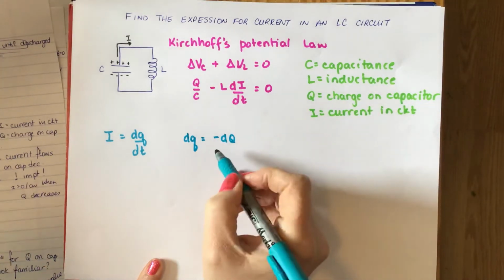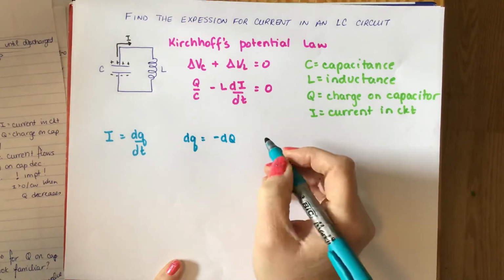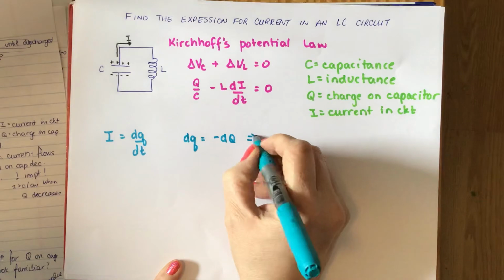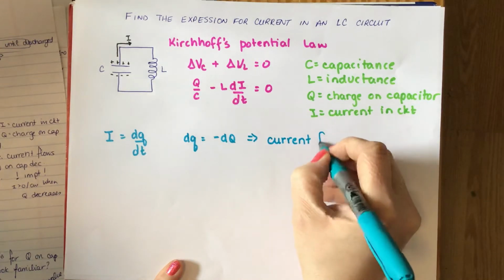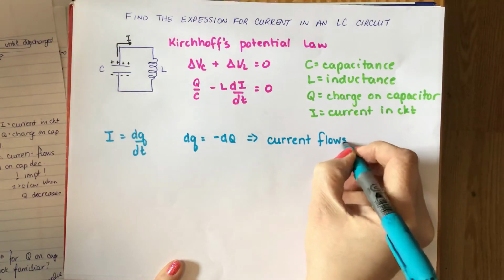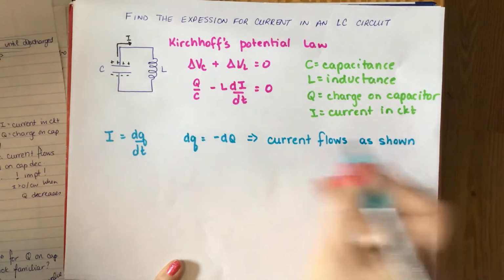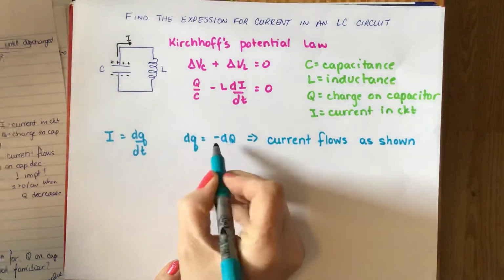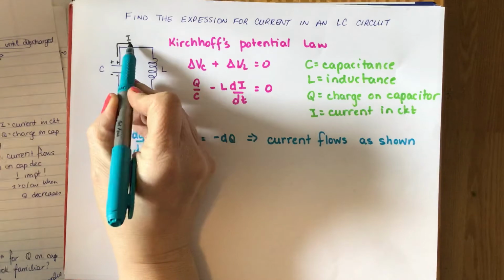Okay, so what this means, and we used this idea before when we talked about how to find current for a capacitor, is that current flows in the direction shown when the charge on the capacitor decreases. So current flows this way, dQ moves this way.